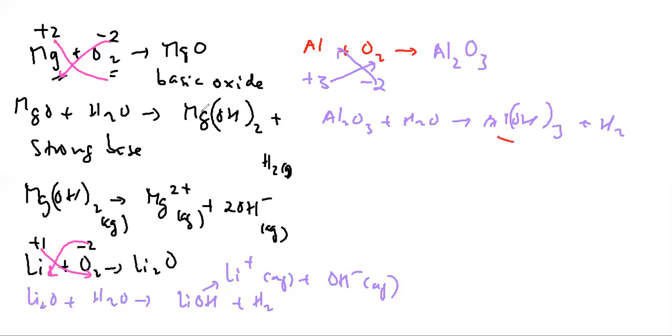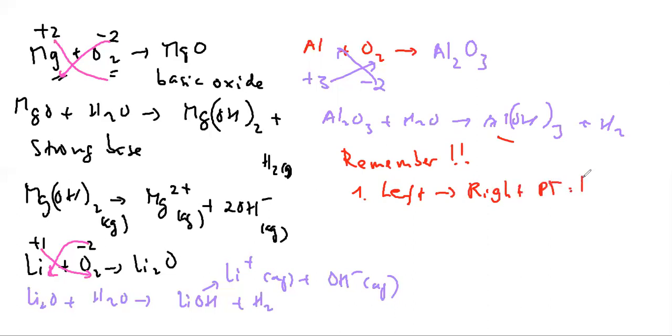If we compare from left to right, there are two things you need to remember. Number one, from left to right of your periodic table, the basicity decreases, or you can say oppositely that the acidity increases.